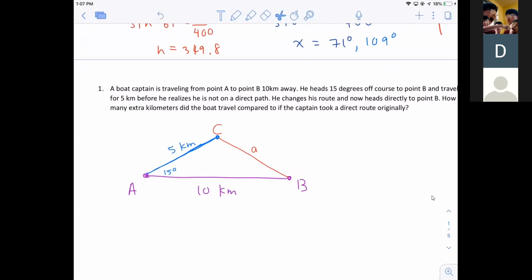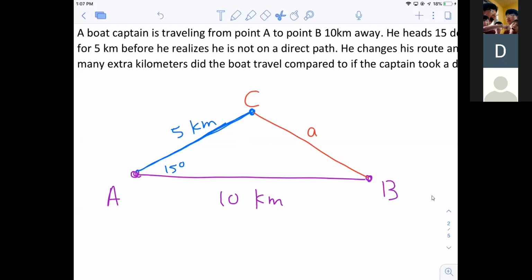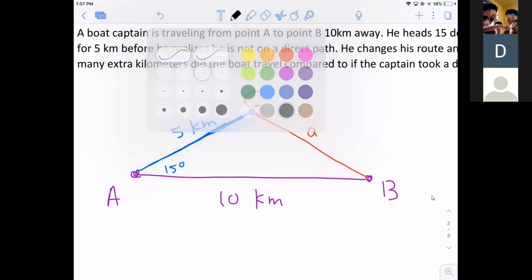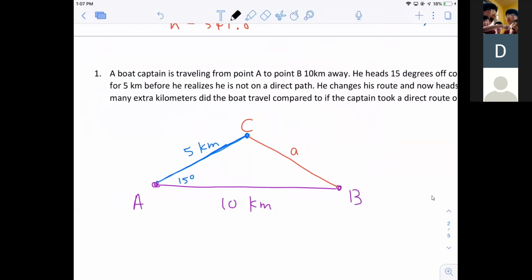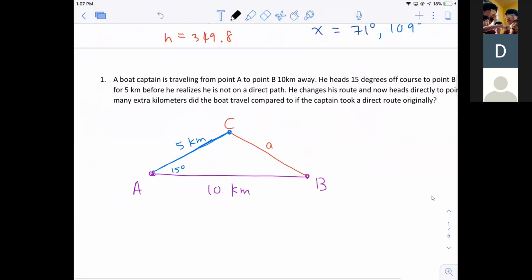I know I drew my triangle to look isosceles, but it is definitely not isosceles, because if this were equal to 5, then 5 and 5 equal 10. You can't make a triangle with 5, 5, and 10, by the triangle inequality theorem: the sum of the two shorter sides has to be more than the third side. So A is definitely not 5. Let's try to figure out what that length of A is.